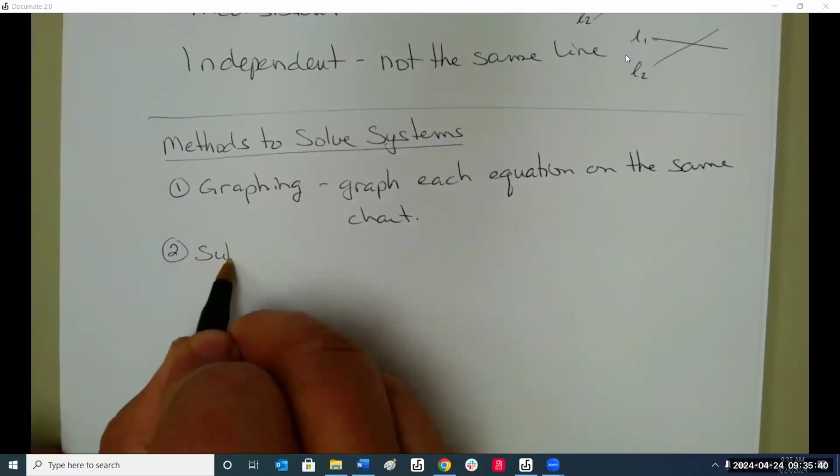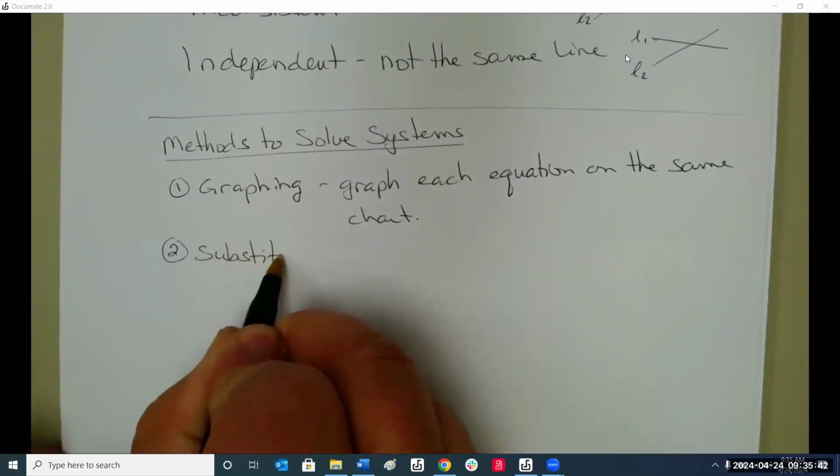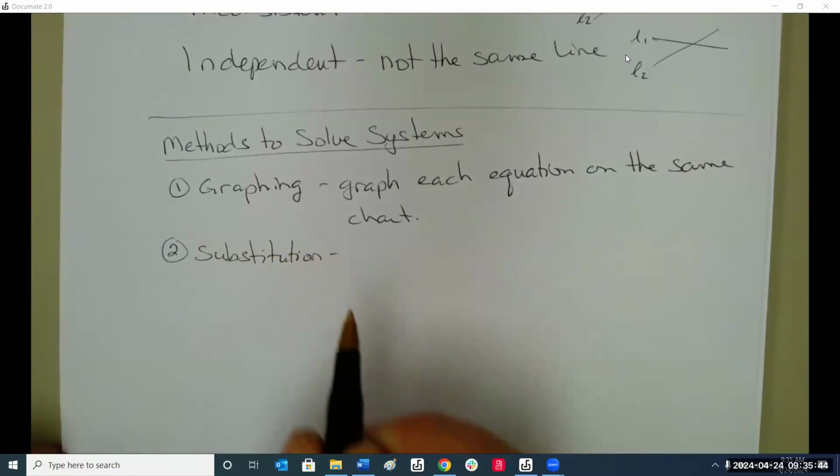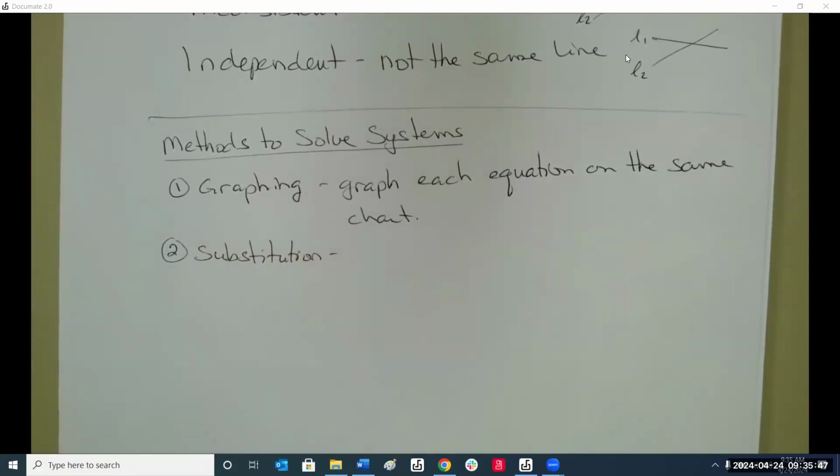We talked about substitution, where you solve one equation for a variable, plug it into the second, and then repeat the process.